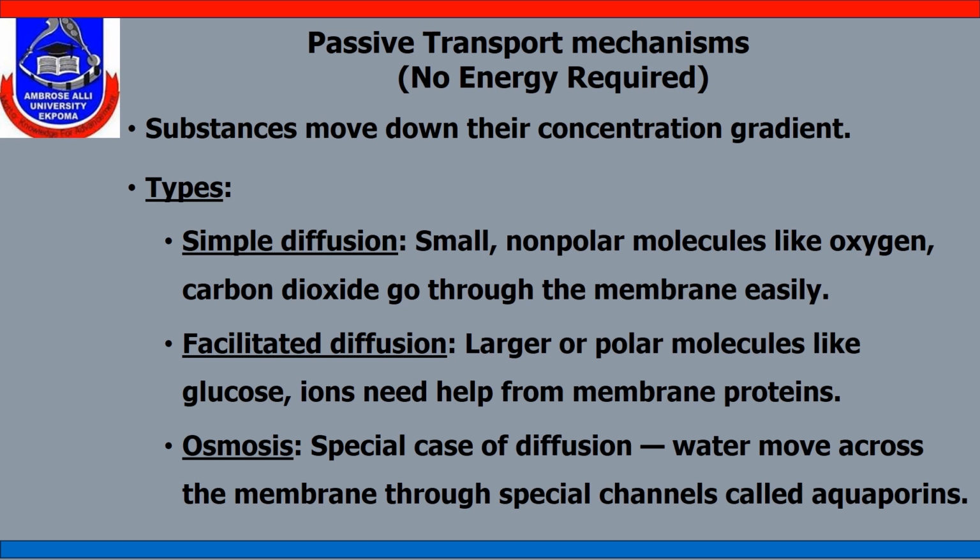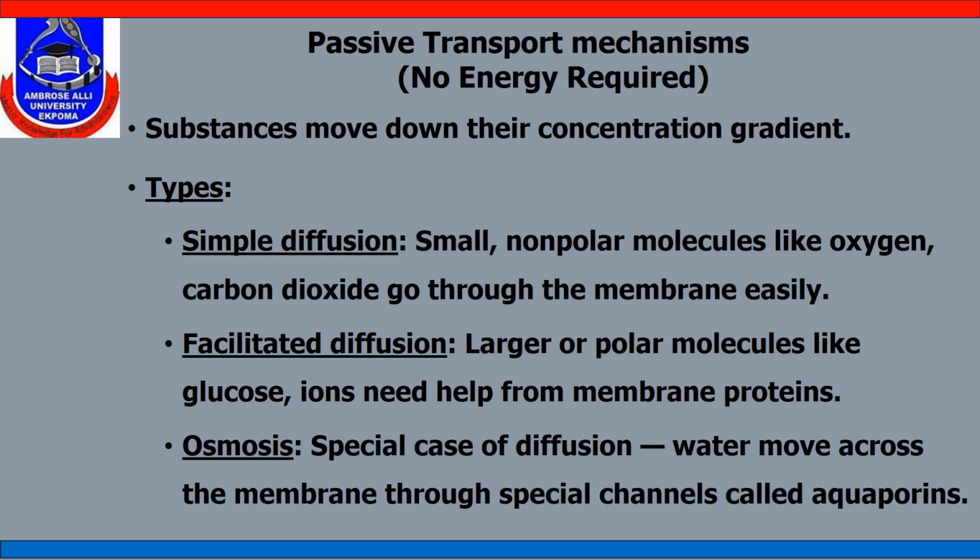Passive transport requires no energy. It is a process where substances move down their concentration gradients. There are three types of passive transport systems. The first is simple diffusion, where small nonpolar molecules like oxygen and carbon dioxide go through the membrane easily.